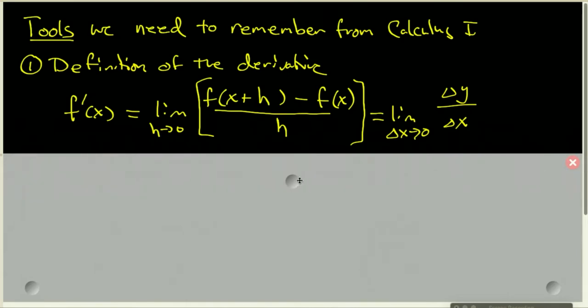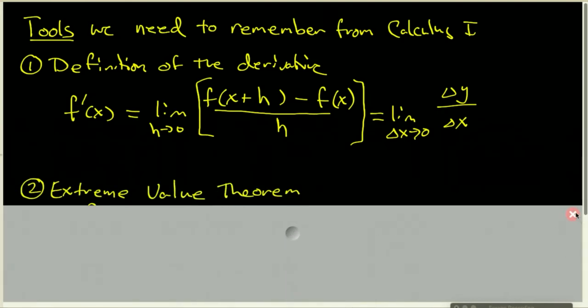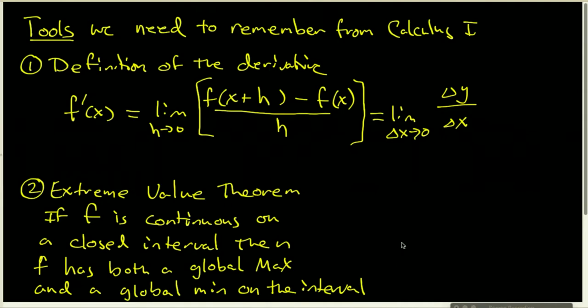The second tool that we need from Calculus 1 is called the extreme value theorem. The extreme value theorem says if f is continuous on a closed interval, then f has both a global maximum and a global minimum on that interval. I want to look at a few illustrations of what this theorem says.